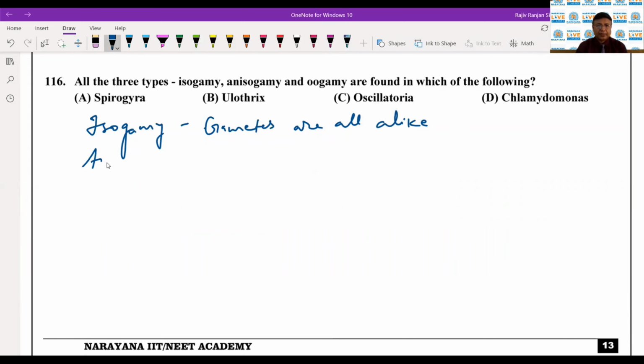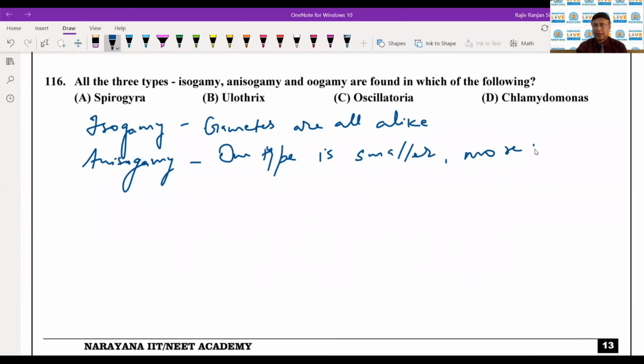In anisogamy, one type is smaller, more numerous, and more motile.